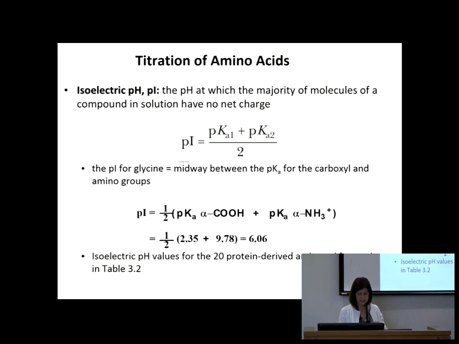Now, I want to say something about calculating them for a protein. What people do is they take a look at your chain, your peptide chain for a protein, and they take a look at the side chains, and they do the exercise at, say, pH 8.